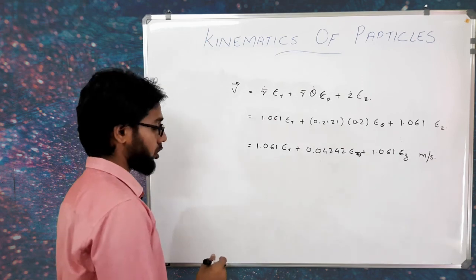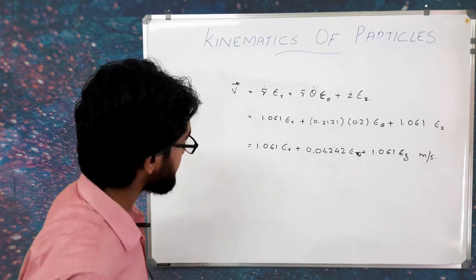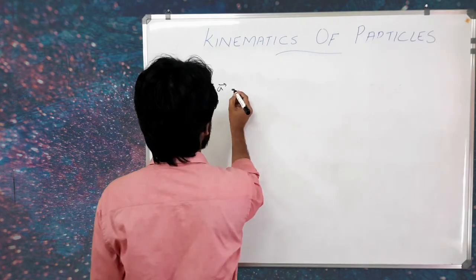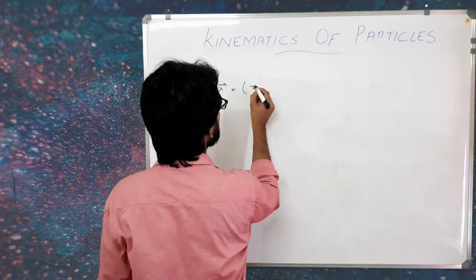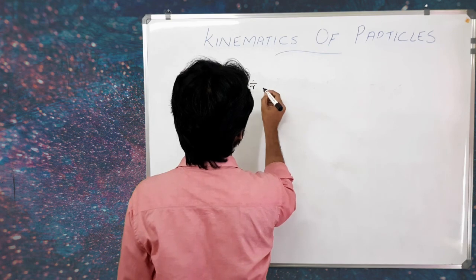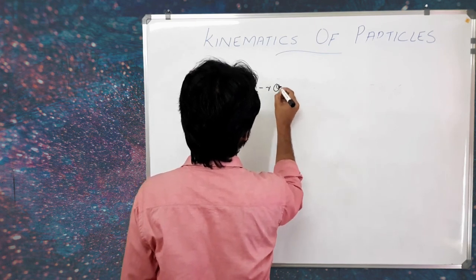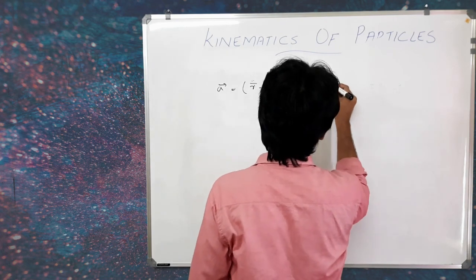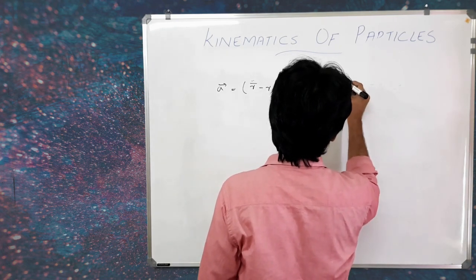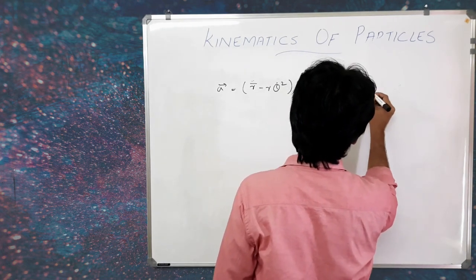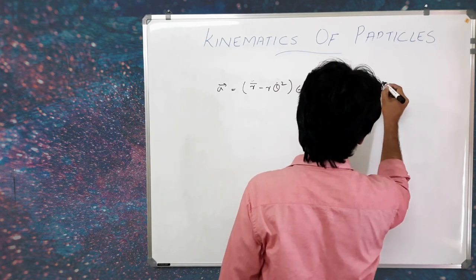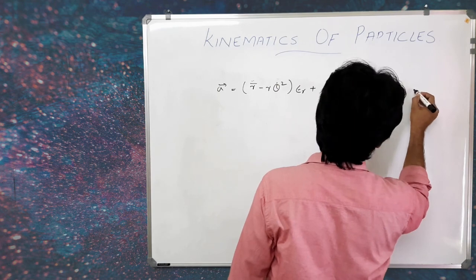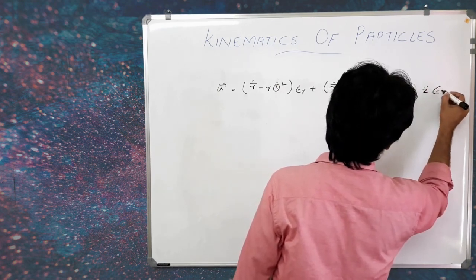Now moving on to the next part, that is acceleration. Now we have acceleration vector equals r dash double dot minus r theta dot square epsilon r plus r dash theta dot minus 2r dash dot theta dot epsilon theta plus z double dot epsilon z.